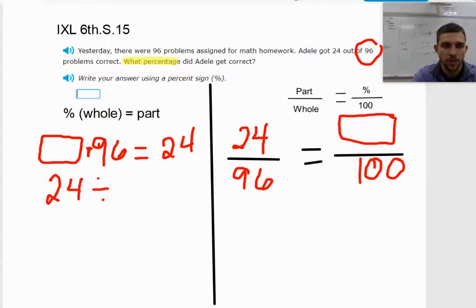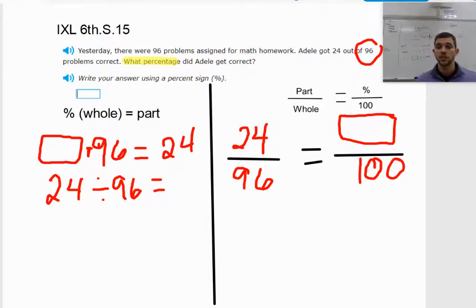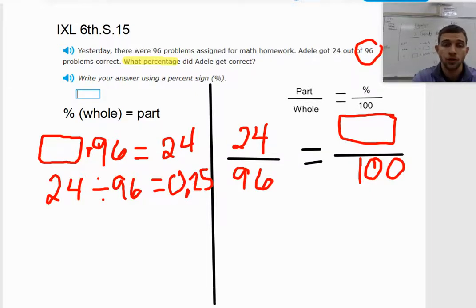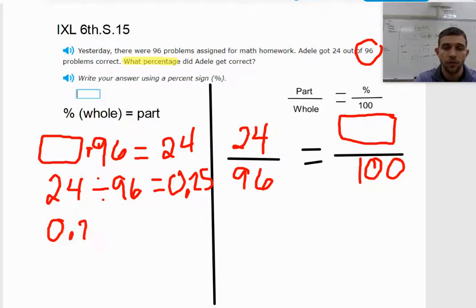So 24 divided by 96 is going to be equal to, and when you divide that, the answer that you're going to get on a calculator is 0.25. After we get that, we need to multiply by 100 to get our percent because that's a decimal. So I take 0.25 times 100, and I end up with 25%.